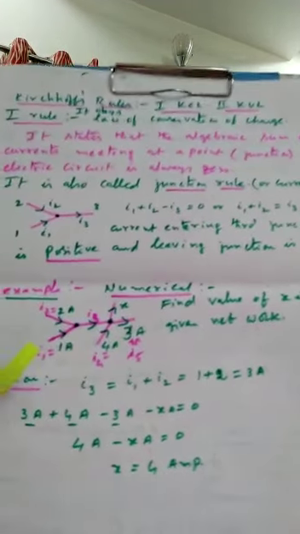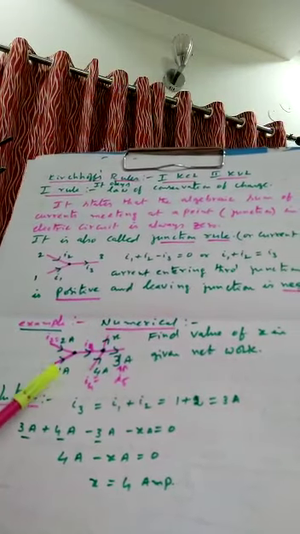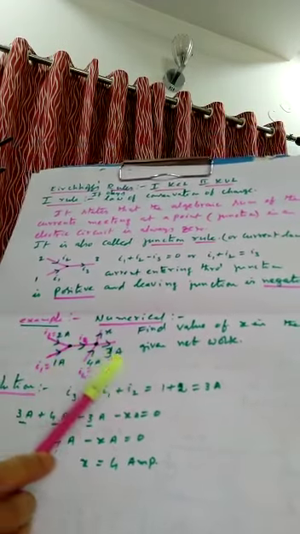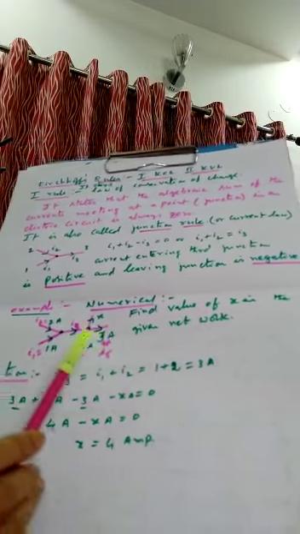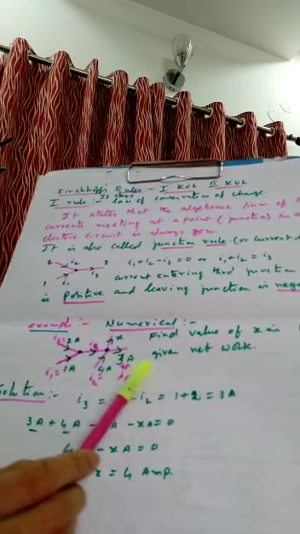It's clear? Okay. So take the first junction. I1 plus I2, how much? 1 ampere plus 2 amperes must be equal to I3. So I3 must be equal to 3 amperes. Now 3 amperes entering, 4 amperes entering, and 3 amperes coming out.